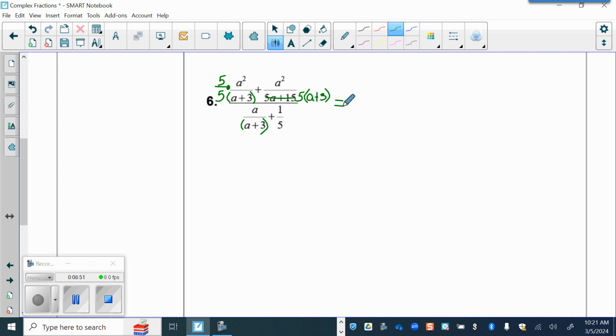All right, 5a squared plus a squared over 5 times a plus 3 divided by, oh, let's look at this denominator. The first fraction needs to be multiplied by 5 over 5. And the second fraction needs to be multiplied by a plus 3 over a plus 3.